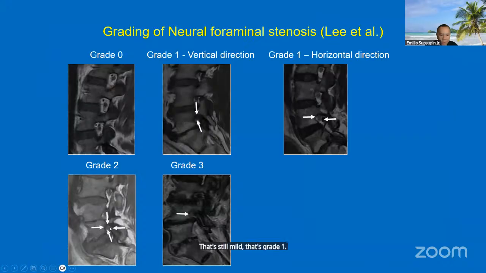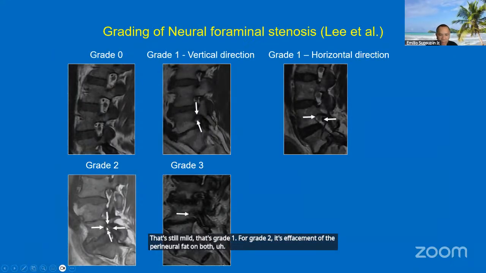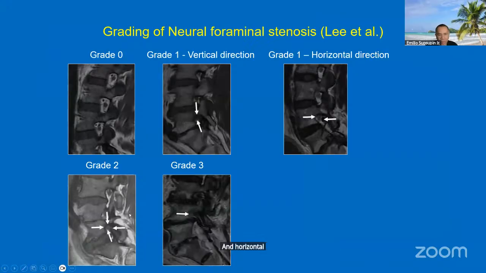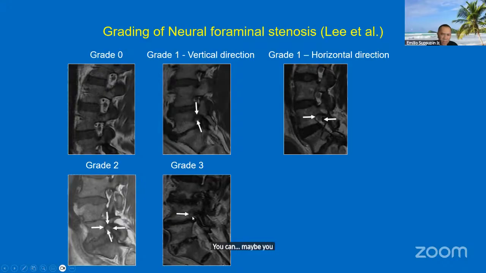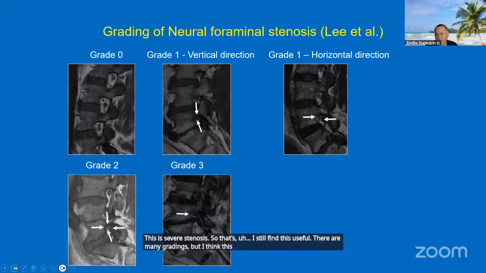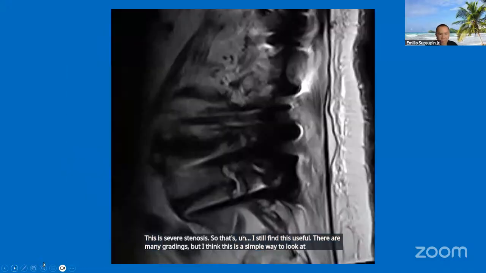For grade 2, it's effacement of the perineural fat on both vertical and horizontal planes. That's moderate. And if you have deformity plus effacement, maybe you can see a trace of perineural fat. This is severe stenosis. So I still find this useful. There are many gradings, but I think this is a simple way to look at the neural foramen.